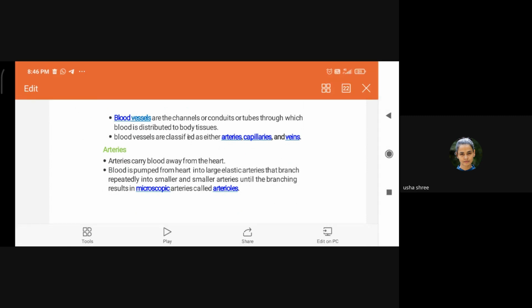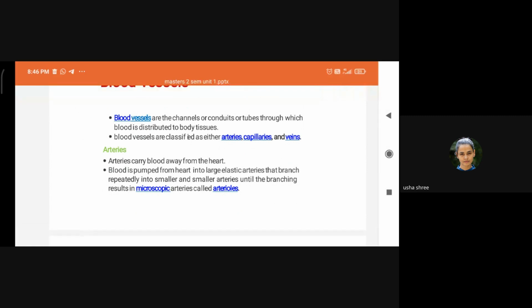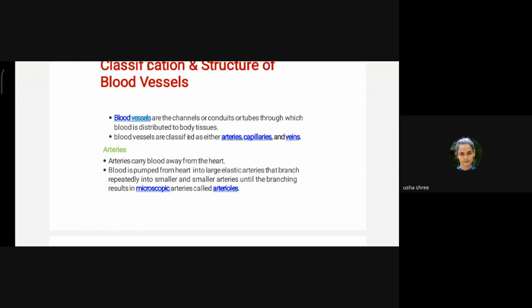So at first, from the heart, the main artery releases blood for circulation throughout the body. It is a large structure; the diameter of that aorta is a little bit more than normal arteries of the body.